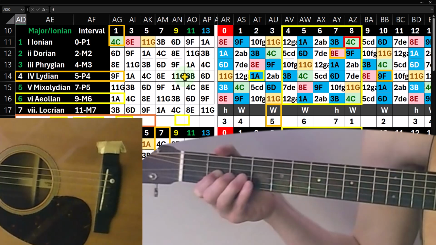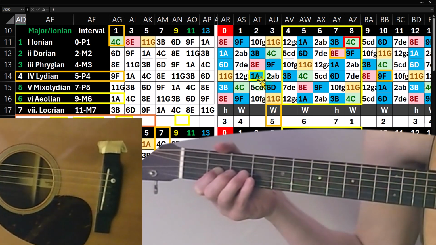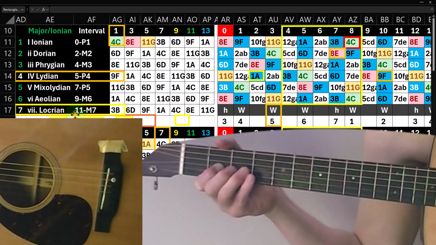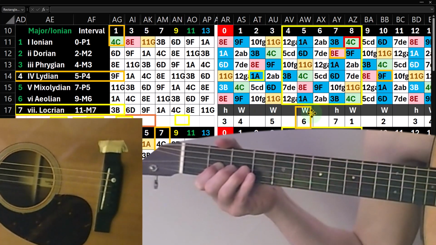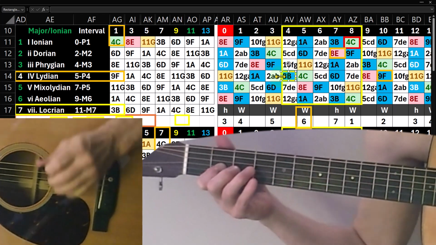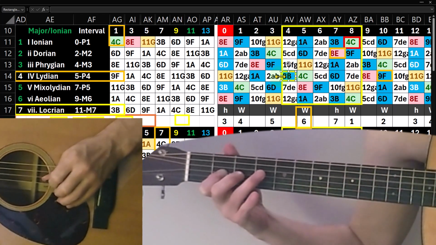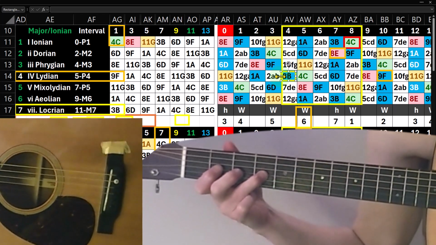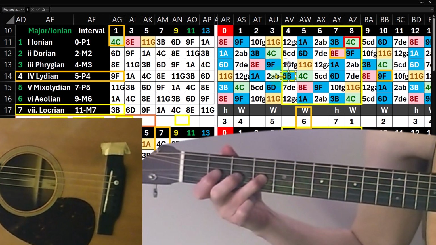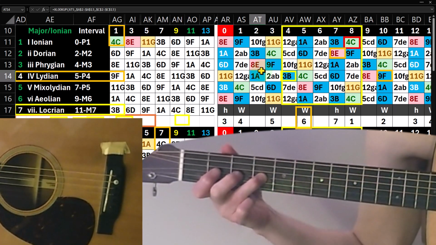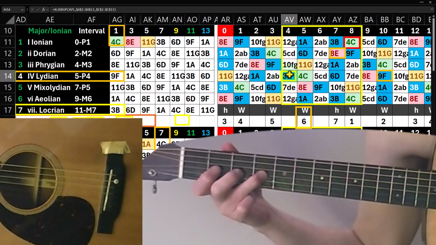Okay, so what if I go from the Aeolian, from the 6 to the 7? From the 6 to the 7 here is going to be a whole step, going from this A to this B. So A to B is a whole step, and that's going from the Aeolian, absolute mode number 6, to absolute mode number 7.